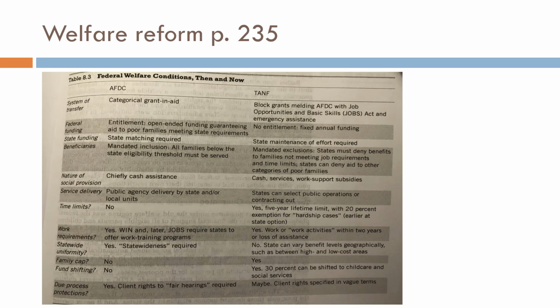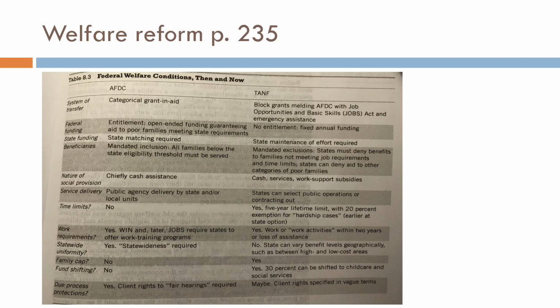Well, yes, under AFDC, it was required, but now, no. Family cap, nope, with AFDC. TANF, yes. Fund shifting, which means shifting the funds received to other social work programs. Under AFDC, no, it had to go to public assistance. But under TANF, yes, 30% can be shifted to childcare and social services. I think that number has gone up since publication.